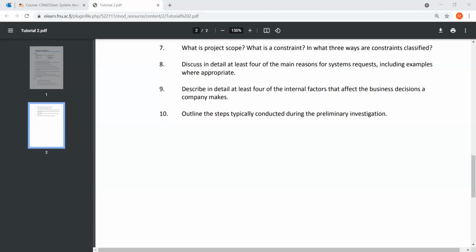Errors or problems in existing systems can trigger requests for systems projects.